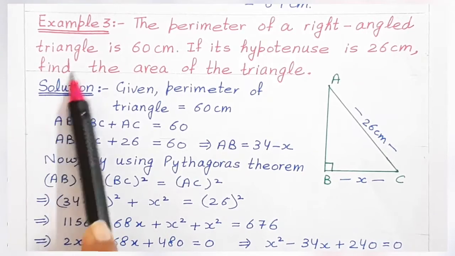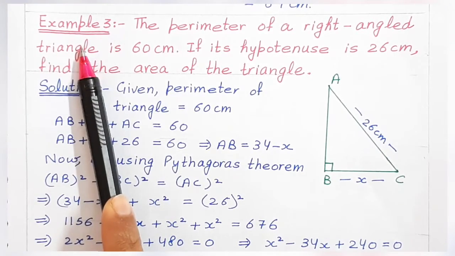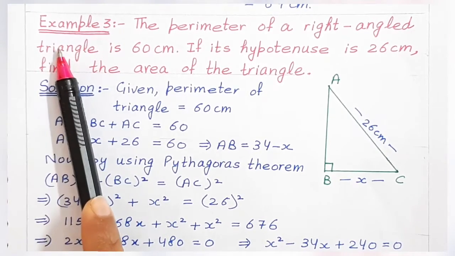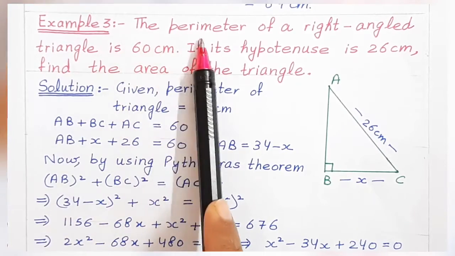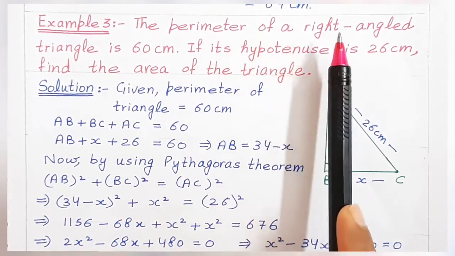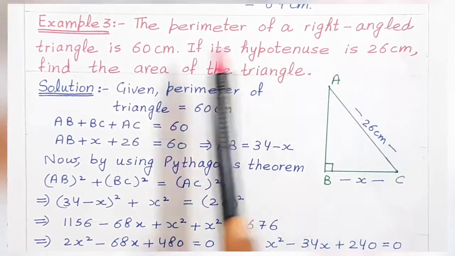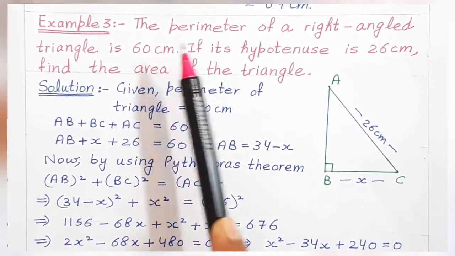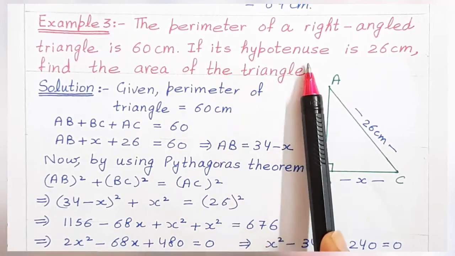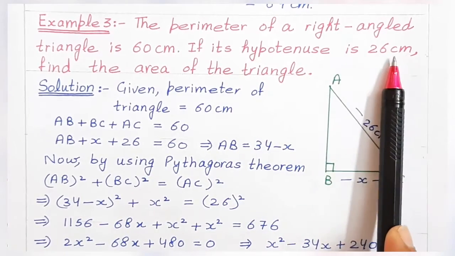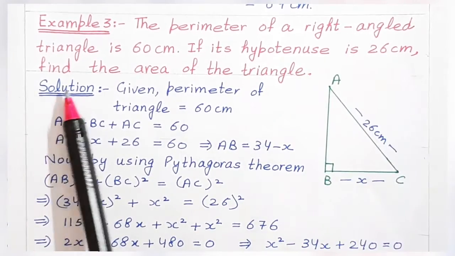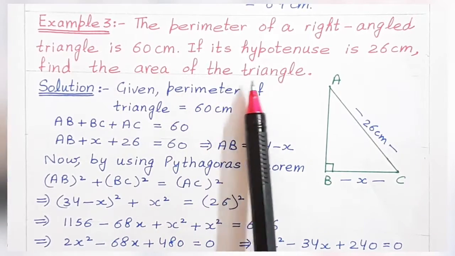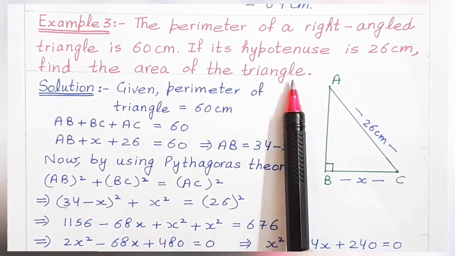Now students, let us discuss another example. Example number 3: the perimeter of a right angled triangle is 60 centimeter. If its hypotenuse is 26 centimeter, find the area of the triangle.